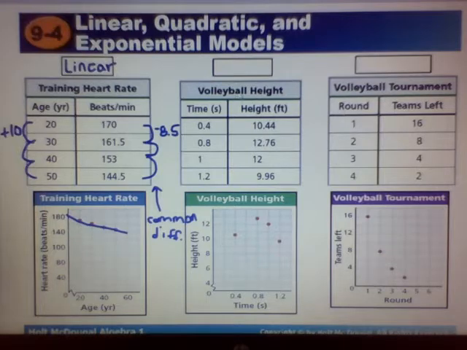This next one here is our volleyball height. It looks like our time goes from 0.4 to 0.8 to 1 to 1.2. From here to here is 0.4, but to here is 0.2, and then here to here is 0.2 as well. So we don't necessarily have a pattern here.